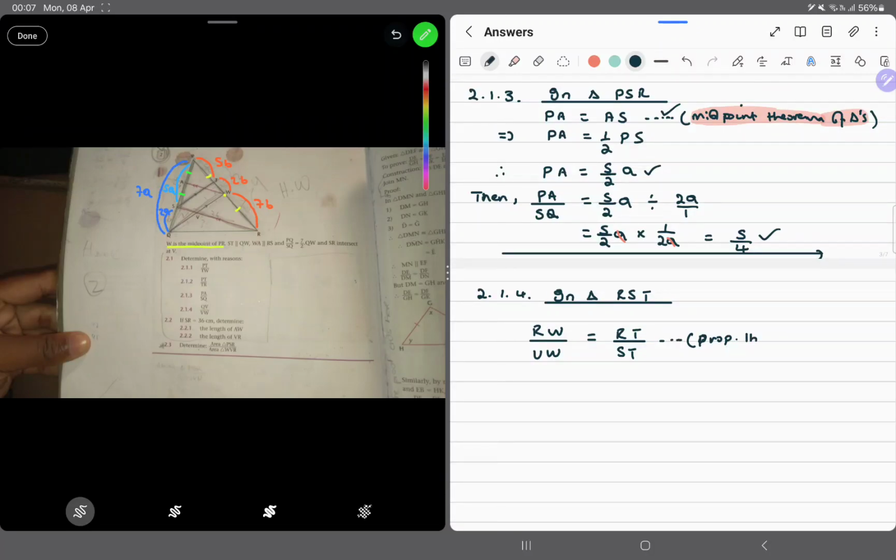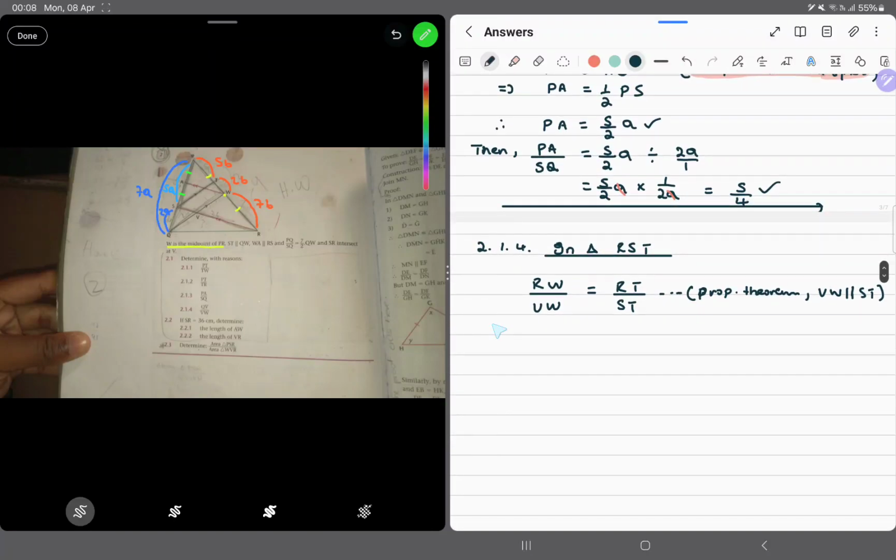Prop theorem. What do we know? We know that VW is parallel to ST. Okay, so proportionality theorem and similar triangles is one and the same thing because we get ratios, right? So this is applicable, so don't panic. If you are given a triangle with one side parallel, just say prop theorem. If you've got separate triangles, just use similar triangles. Easy.